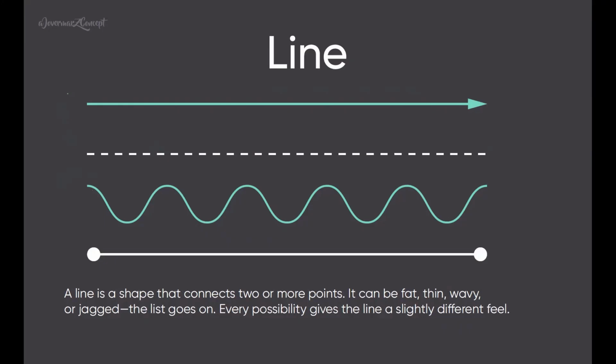A line is a shape that connects two or more points together. It can be fat, it can be thin, it can be wavy, it could be jagged, and the list is endless. But every possibility gives the line a slightly different feel. Look at this.